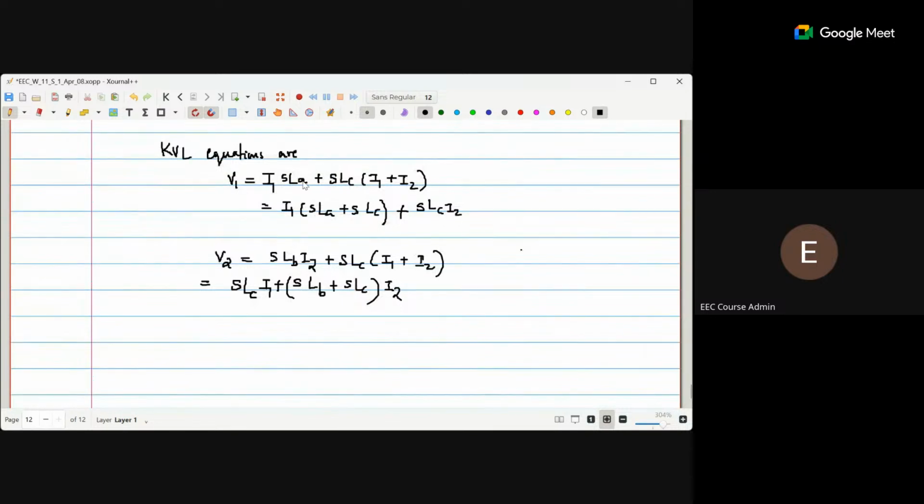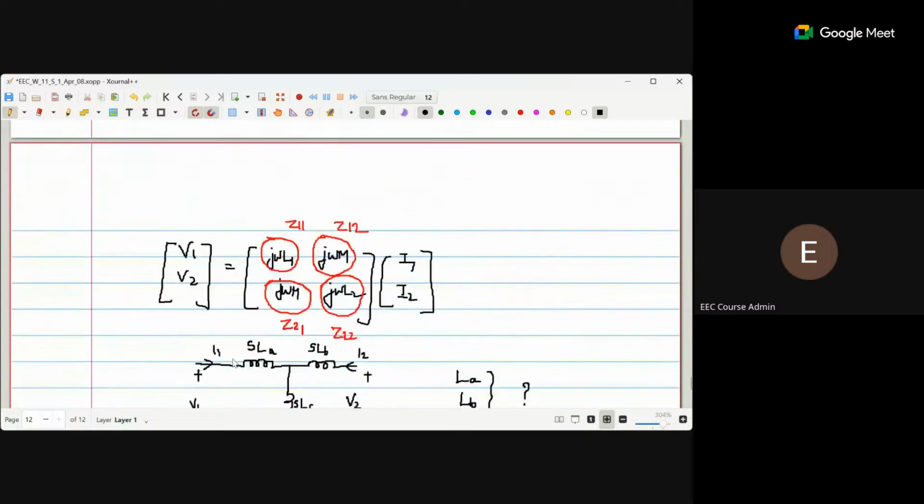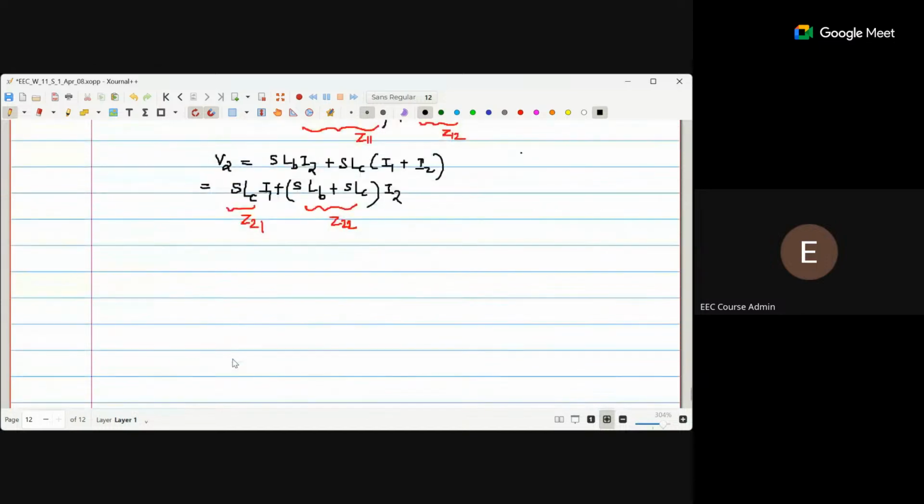So here this coefficient will be your Z11, right? Yes. Z12, Z21 and Z22. So what did you have here? Z11 is j omega L1, that is sL1.